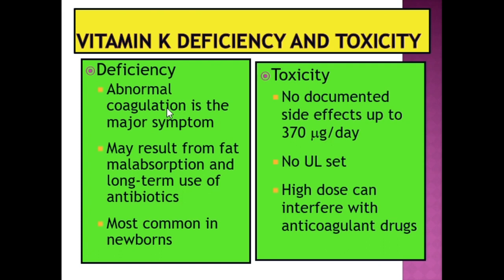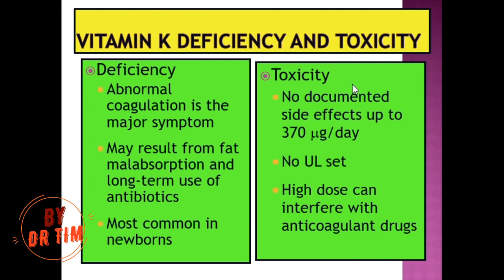So an abnormal coagulation process will lead to blood loss during injury or accident. It results from fat malabsorption and long-term use of antibiotics. So these are the factors that contribute to vitamin K deficiency. Okay, it is most common in newborns.